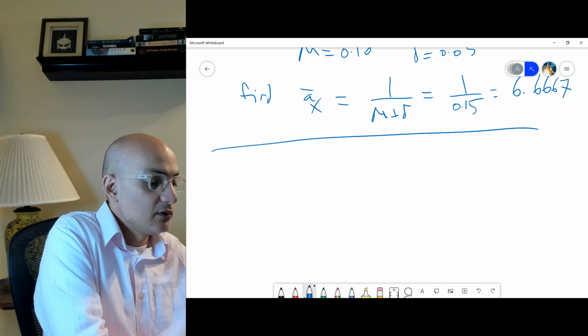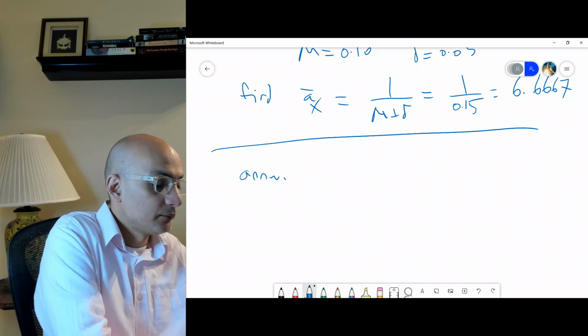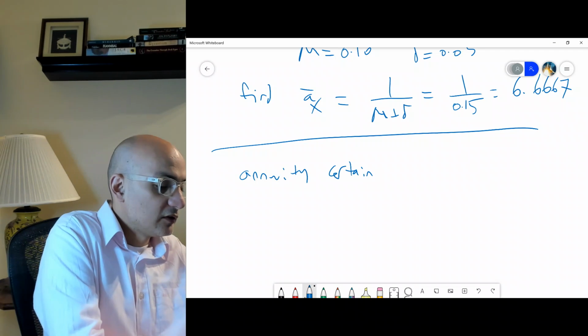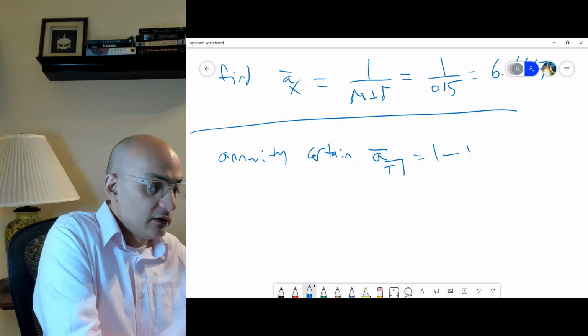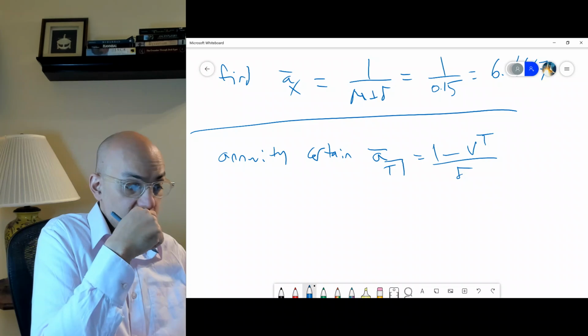Remember now we have the certain annuity, we said it's a-bar T, which is 1 minus v to the t divided by delta, for the continuous case.